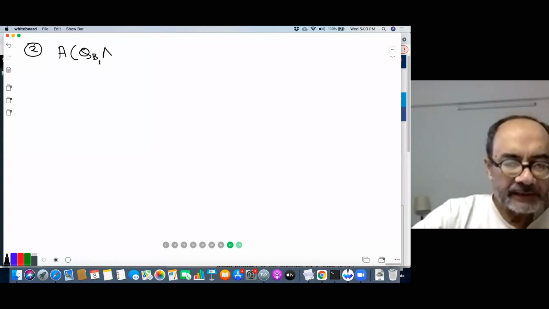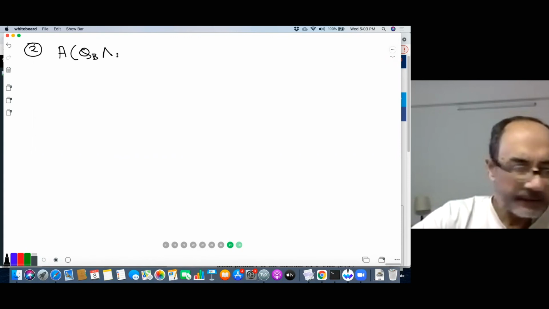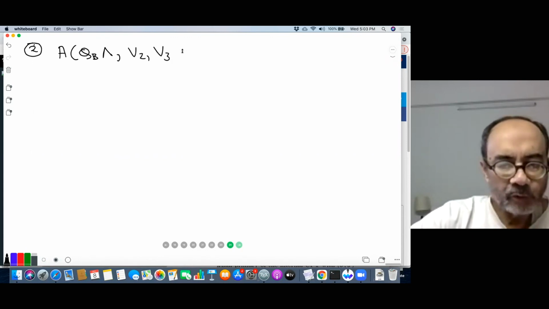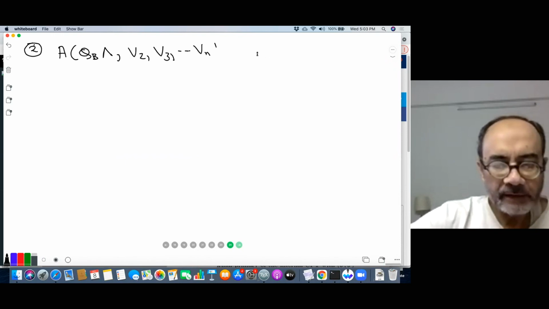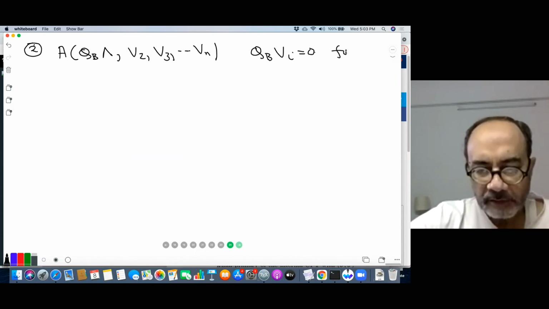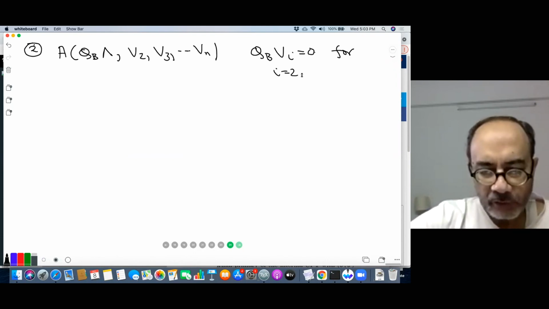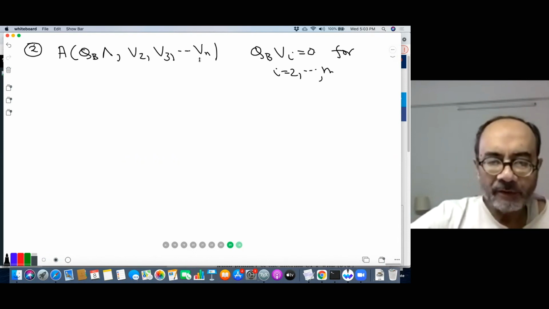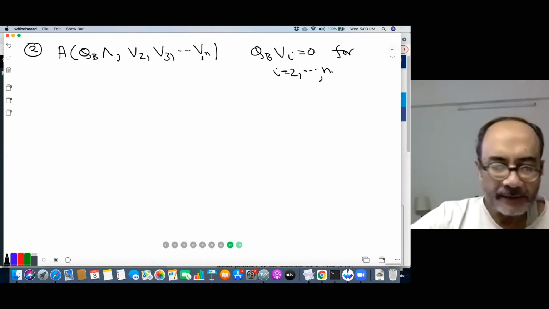Suppose the first entry is QB lambda, which we called a pure gauge state, and the others are V2, V3 up to Vn, with QB Vi equal to 0 for i equal to 2 to n. So you are looking at an amplitude where the first state is pure gauge and the rest of the states are physical.